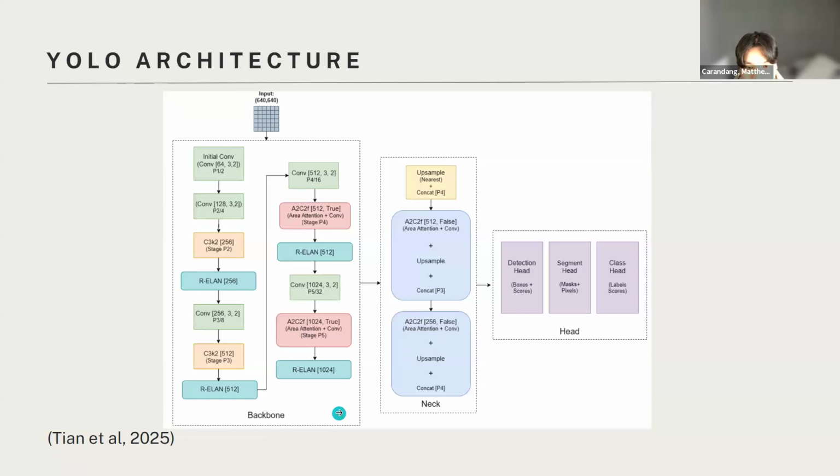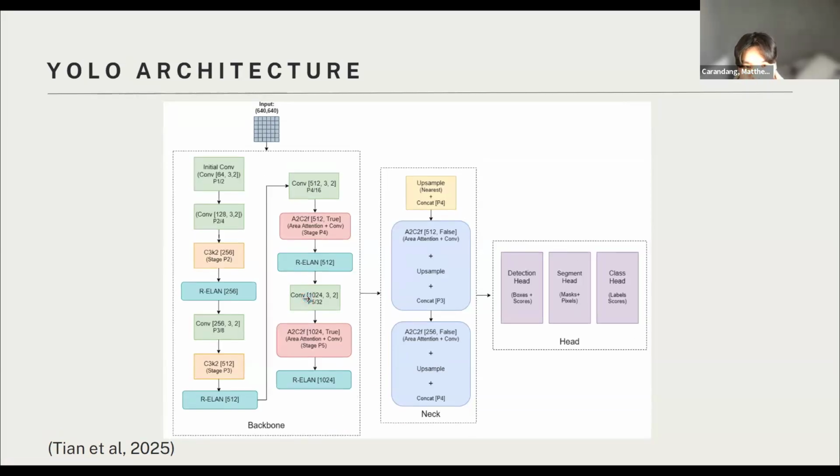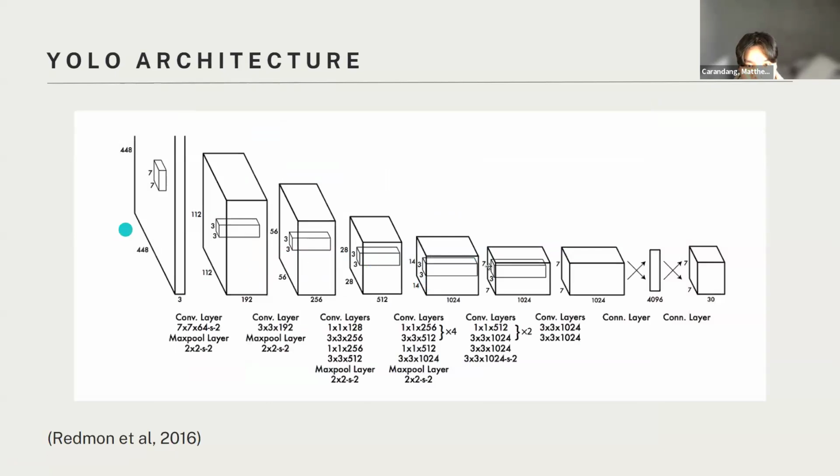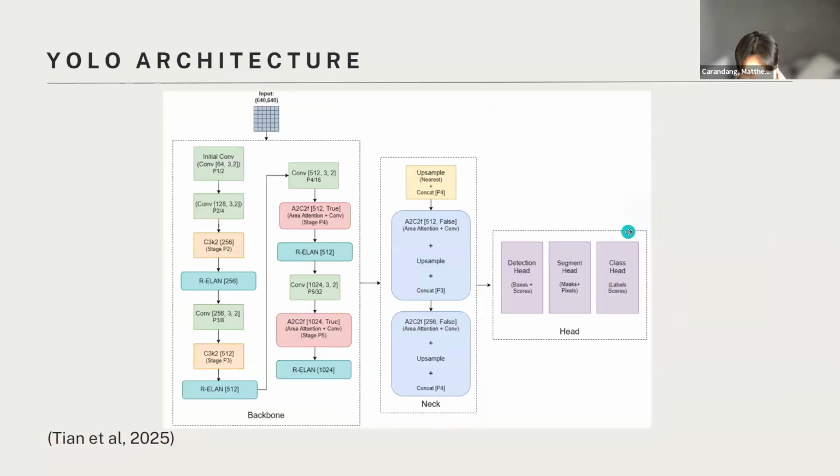What I just wanted to show here was that there have been different innovations in the YOLO architecture, starting from a single, simple network and eventually evolving into a quite complex but still fairly simple architecture.